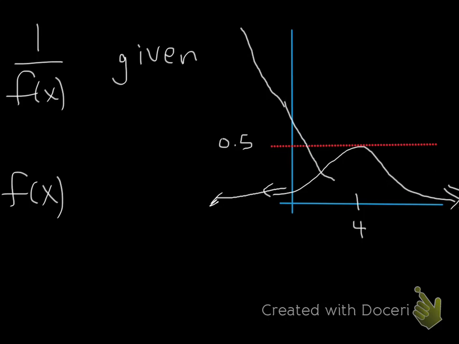The reciprocal of 0.5 is 2, so that's somewhere up here. So again, you're far out here on the x-axis, the y values are very tiny. So on the reciprocal, they're very big.